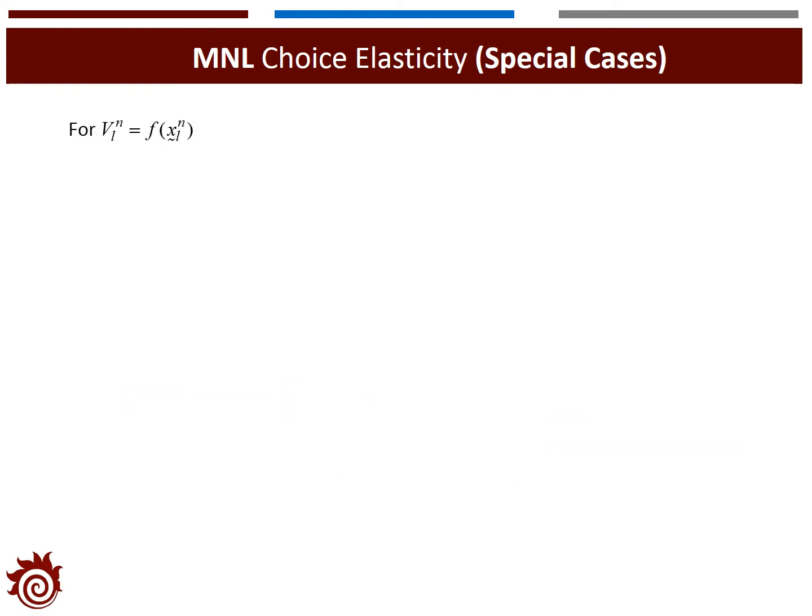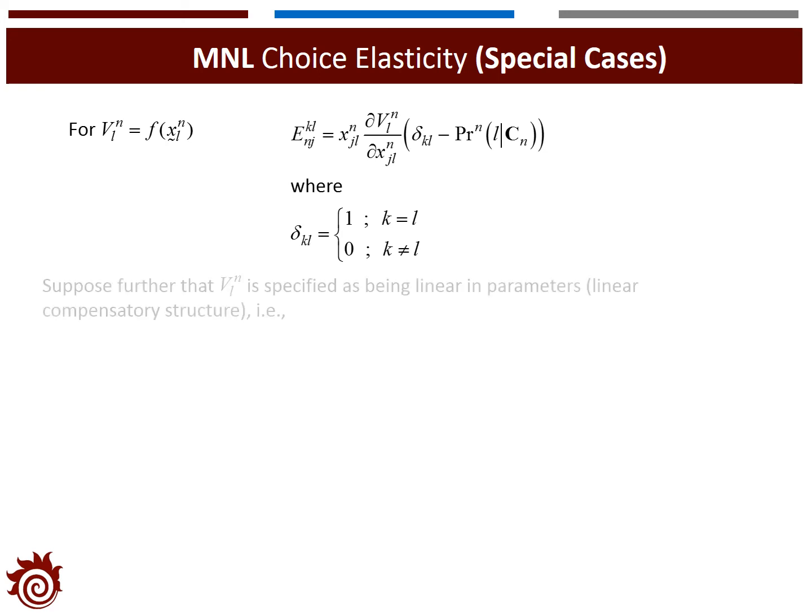In the MNL model, we assume that the deterministic utility V_l is a function of X_l, and this assumption can be applied to the choice elasticity to further simplify the expression. In our model, we assume that V_l is a linear function of the attributes X_l.